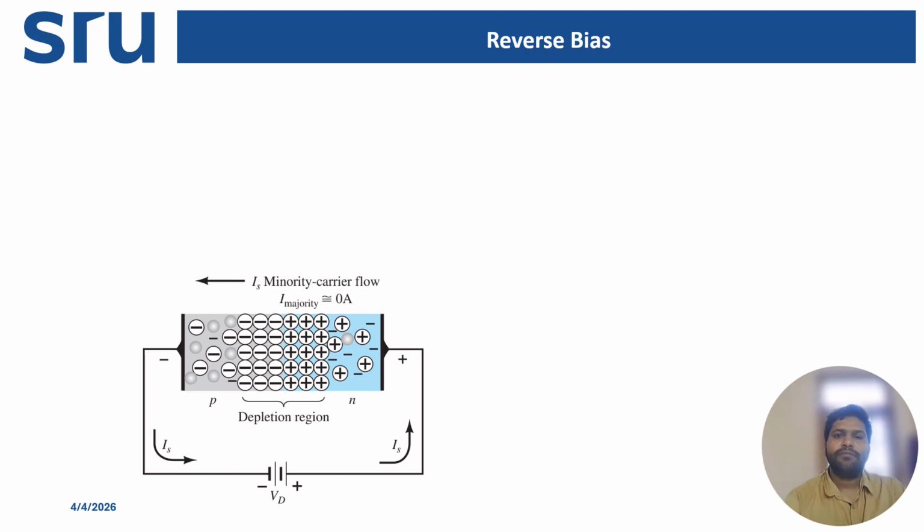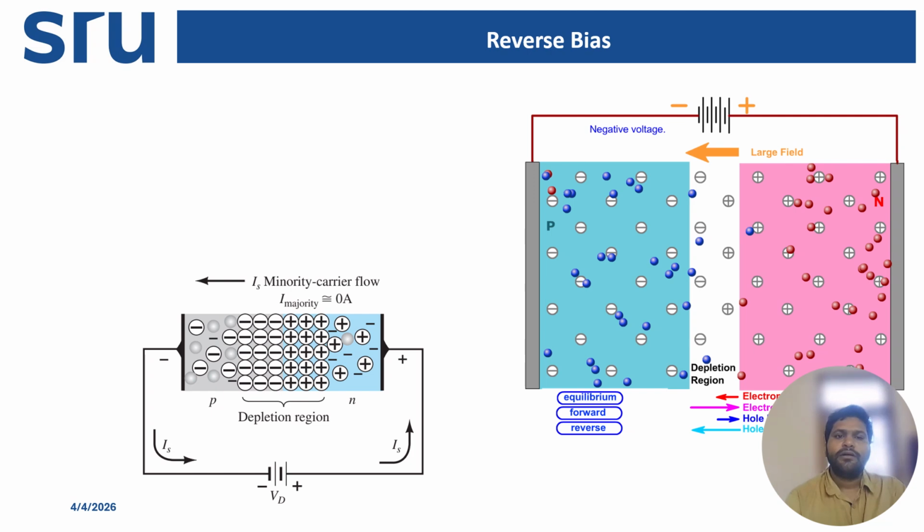As a result, the barrier potential increases. What is the effect on the depletion region when applying reverse bias? The built-in potential increases, the depletion region becomes wider, and the electric field across the junction becomes stronger. The barrier becomes very large, so majority carriers cannot cross the junction.